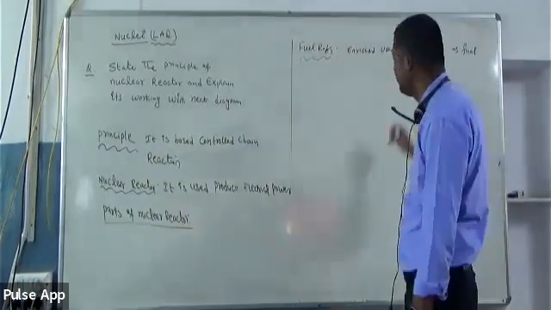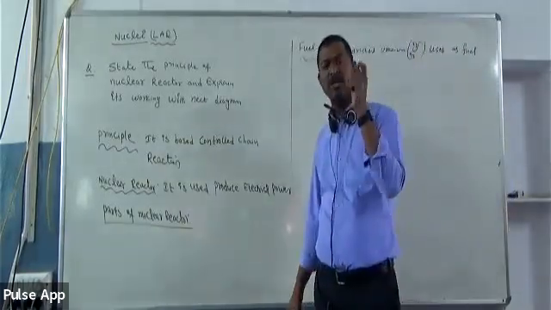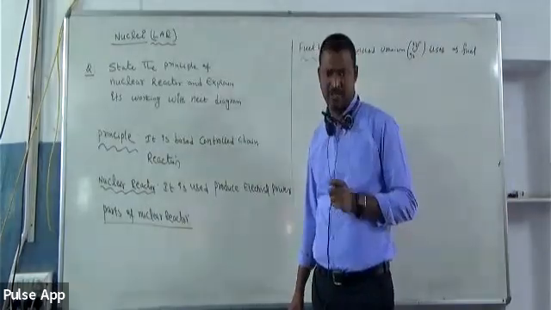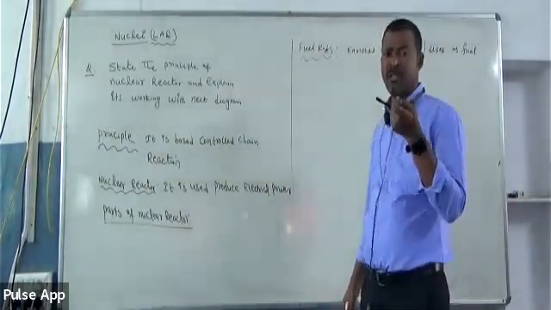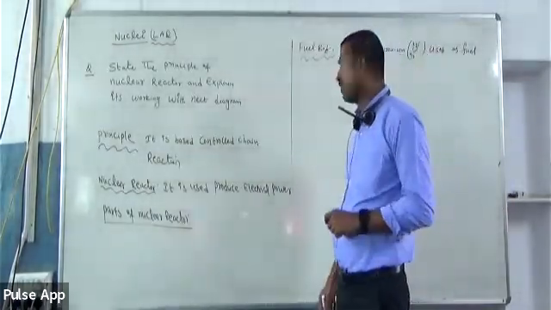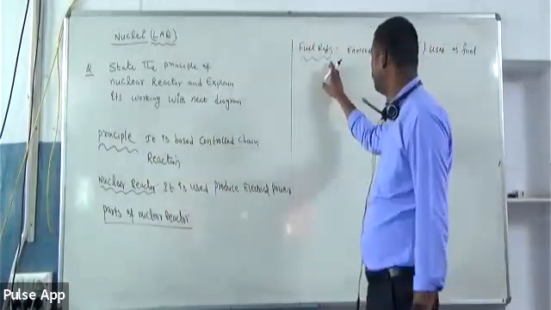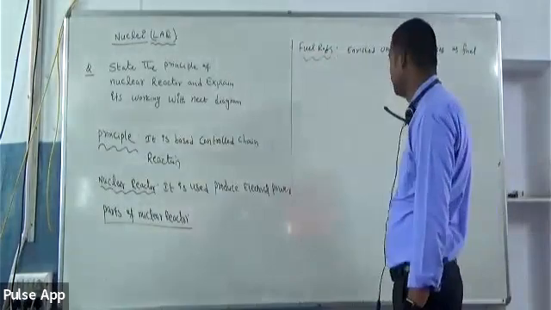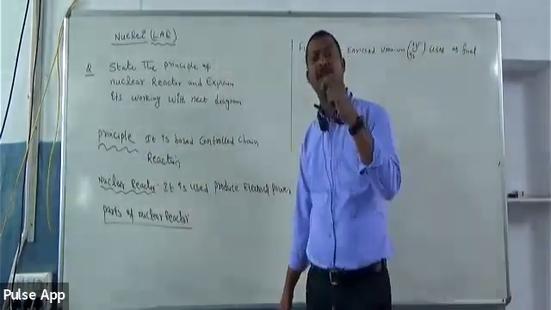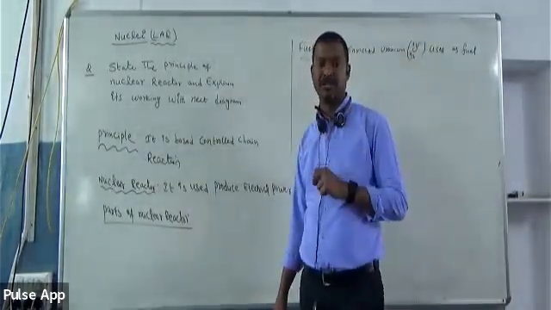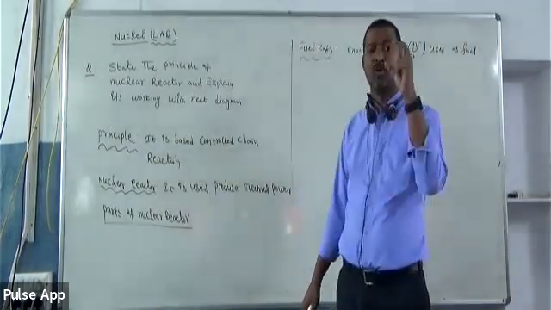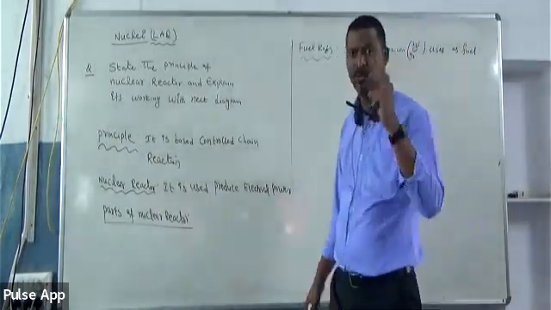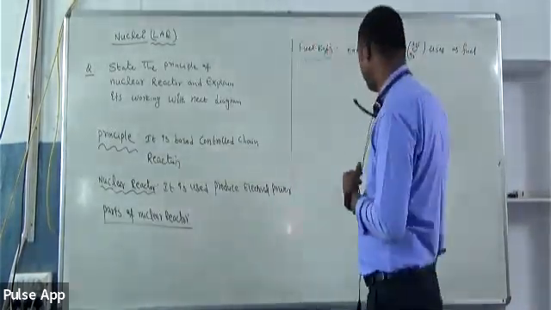That means uranium undergoes nuclear fission reactions, and that gives the nuclear energy. So uranium acts as the fuel elements or fuel rods. Generally these uranium rods are of cylindrical shape and are present at the core of the nuclear reactor.